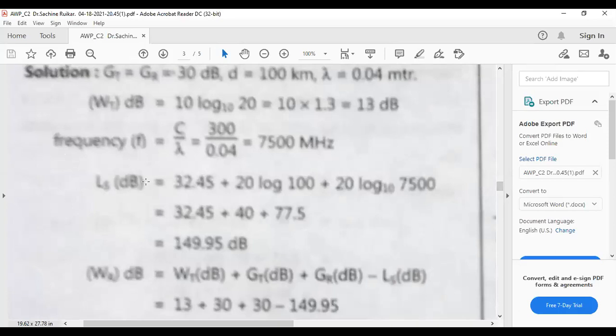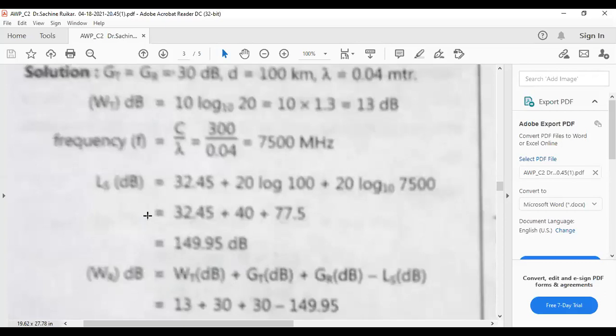So line of sight, you are getting 149.95 dB. The receiving power in terms of dB is equal to the transmitting power in dB plus the transmitting gain in dB plus the receiving gain in dB minus the line of sight in dB.